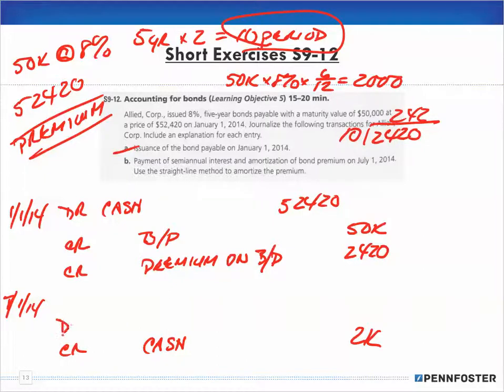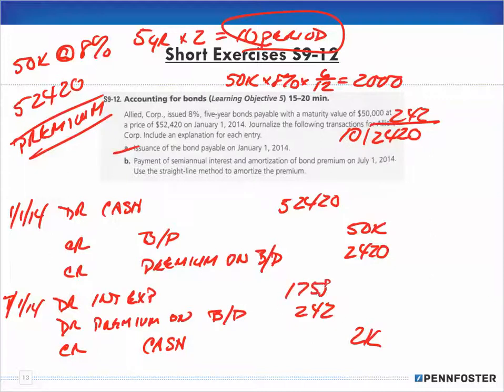So I'm going to debit premium on bonds payable for $242, and debits have to equal credits. And what am I doing? I am paying the interest, so I have to debit interest expense, and the difference between those two is $1,758. That is the entry for the payment on the bond premium.